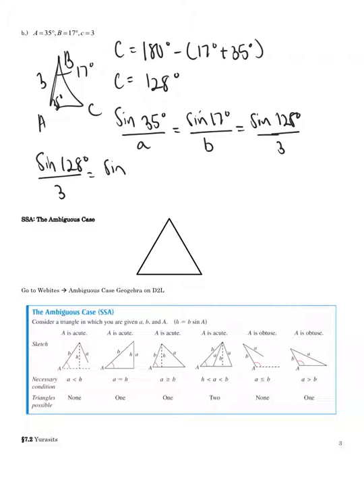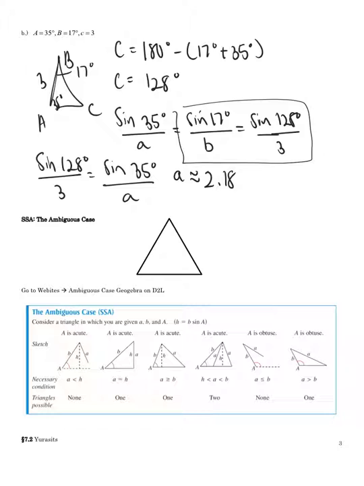I'll solve for A first. And just again to save time, doing cross multiplying, I end up getting 2.18. And then when I focus on this ratio here, cross multiplying, I'll end up getting 1.11. And I guess I should be consistent because I did say to the tenths. And there you go, you've solved for all of them.